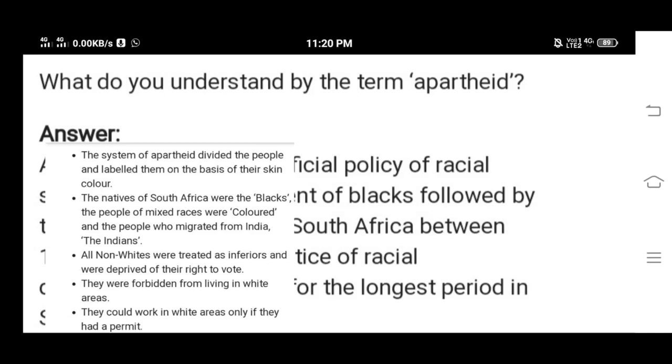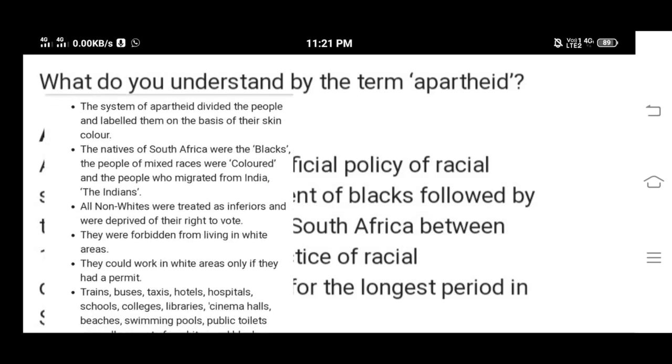और साथ साथ में हम देखते हैं ये जो नॉन वाइट्स थे, they were forbidden, they were not allowed to live in the areas where the white people are residing. And also we see they could work in white areas only if they had a permit.